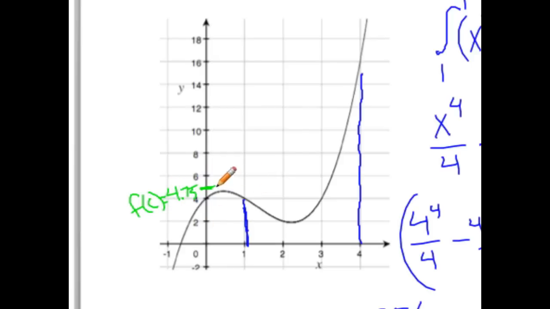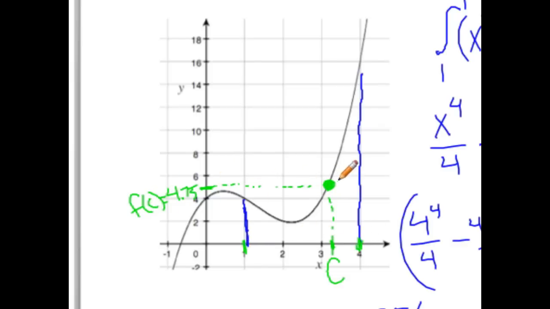And that's our f of c. And so what that means is, when we look at this, we have a function and f of c equals 4.75 right here. So if we were to map this down now, this right here would give us our x value of c. So here we have c, f of c, and notice that c is on our interval, and we got our value of f of c.